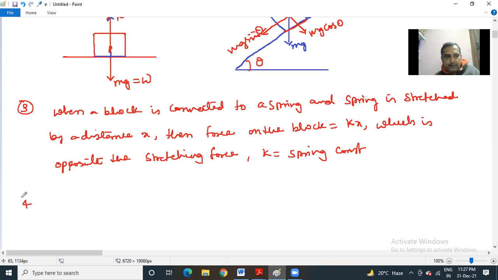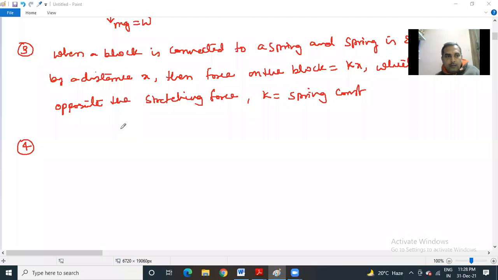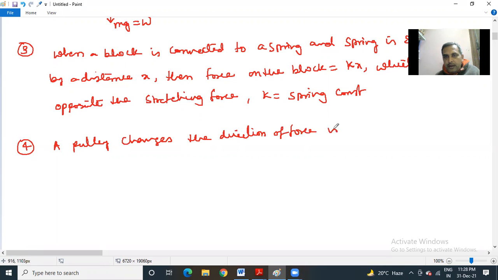Next, fourth point. A pulley changes the direction of force in a convenient direction.